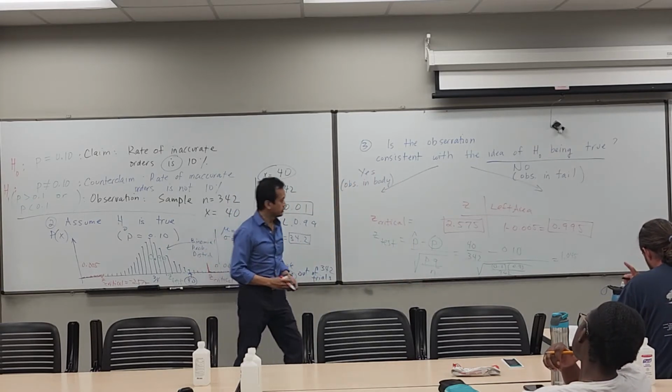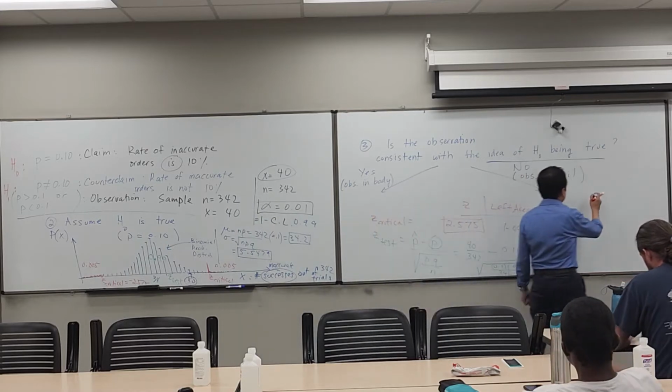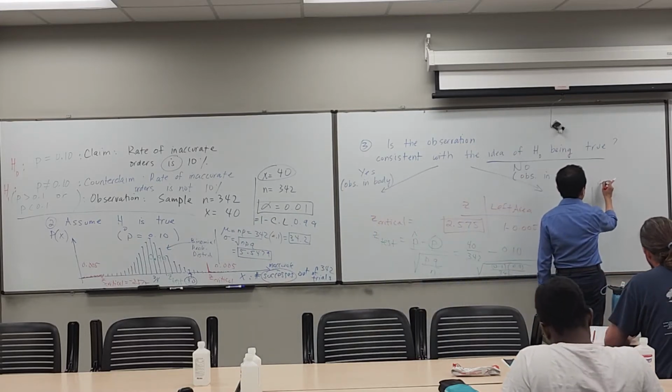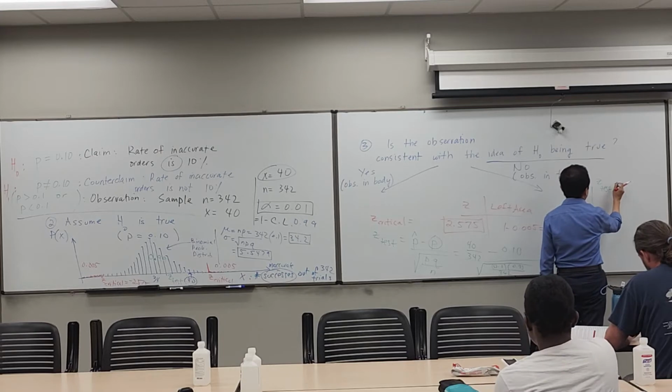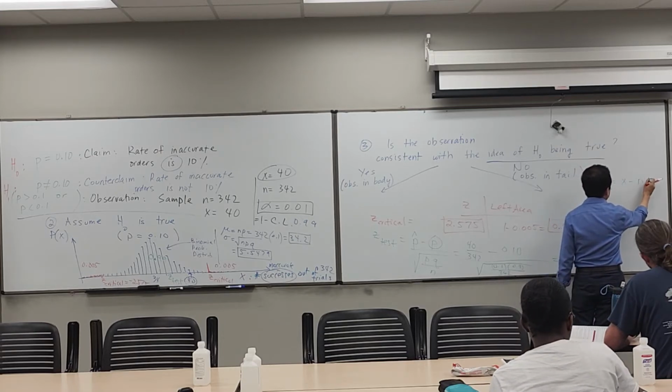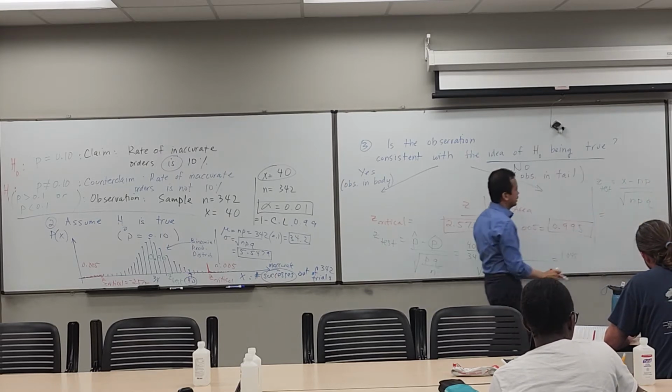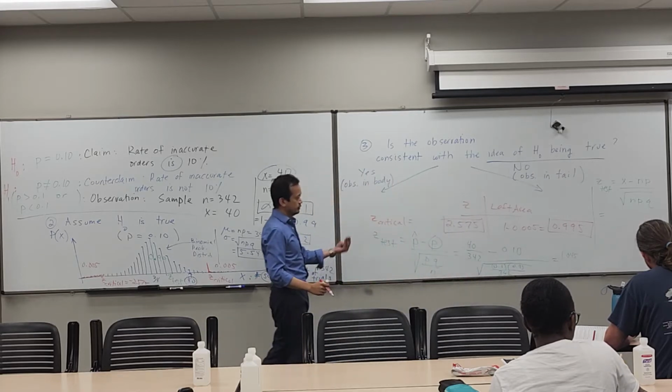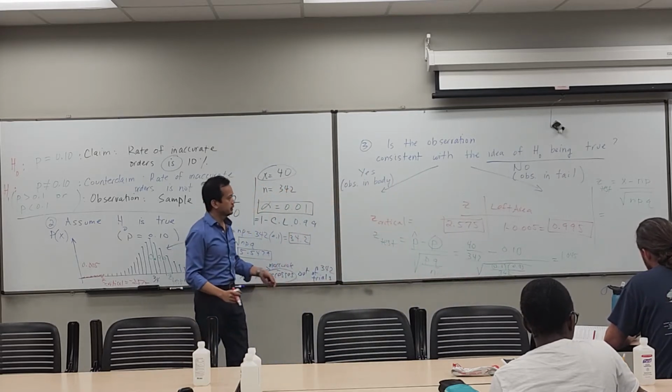So as a check, you can also use the other formula we talked about, the z-test, which is x minus the mean, which is NP, divided by the standard deviation, which is the square root of NPQ. So this is also another formula for z-test, but it will give you the exact same answer.